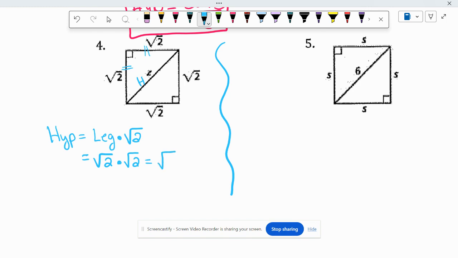What is 2 times 2? So it's the square root of 4. This is a 45, 45, right? Okay, so what is the square root of 4? 2. So your hypotenuse equals 2.